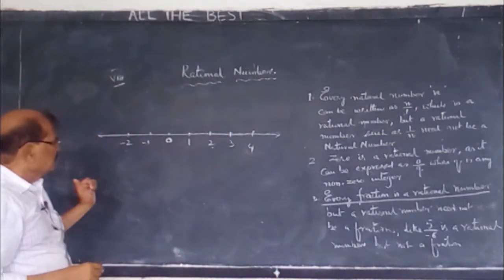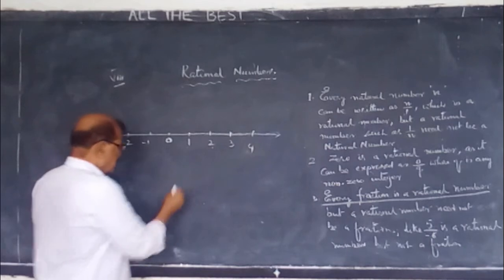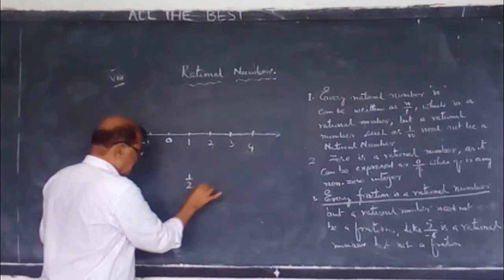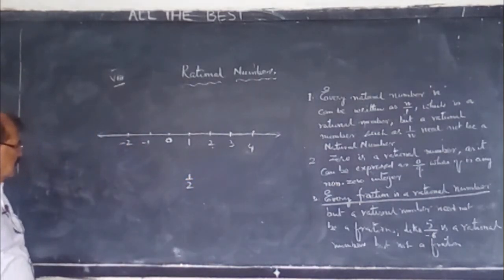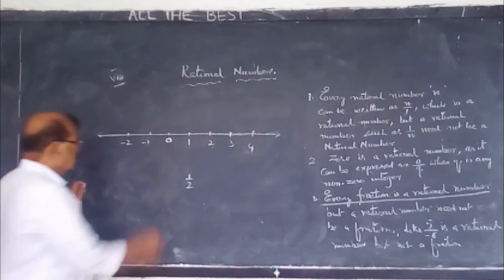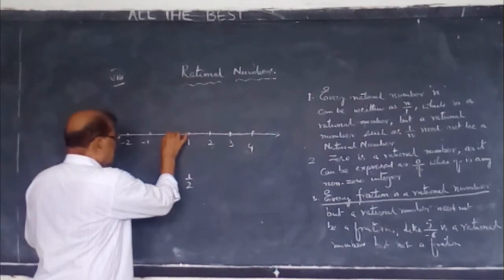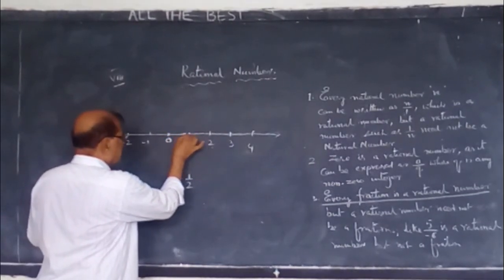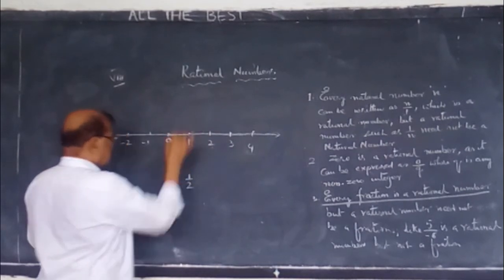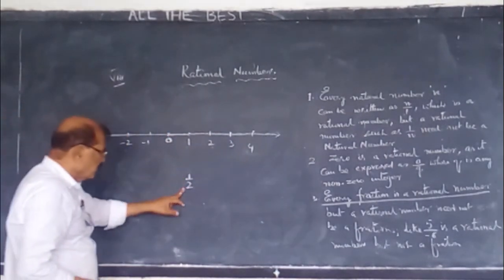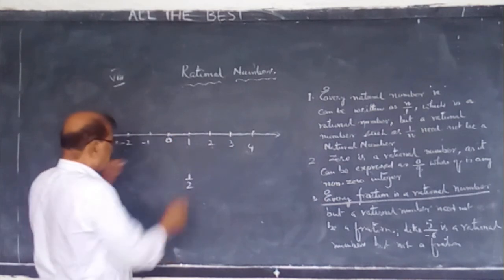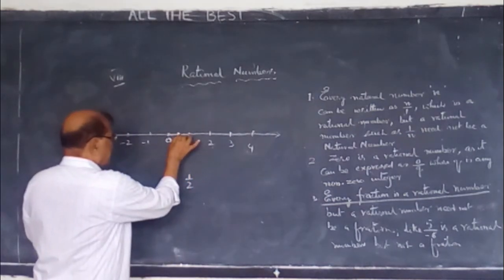Suppose you want 1 by 2. From 0 to here, this distance is 1. I want 1 by 2, which means it must be made into 2 equal parts. So we made 2 equal parts.